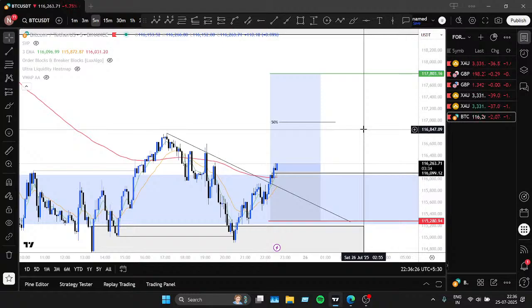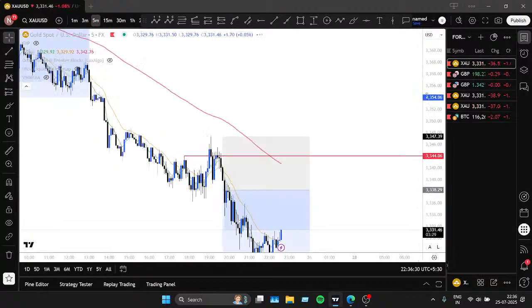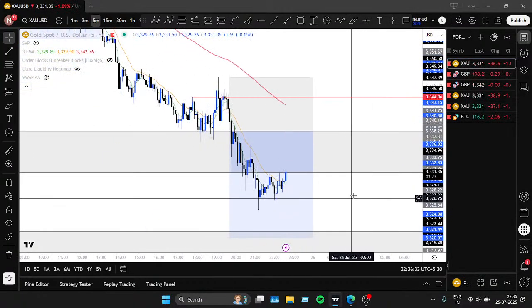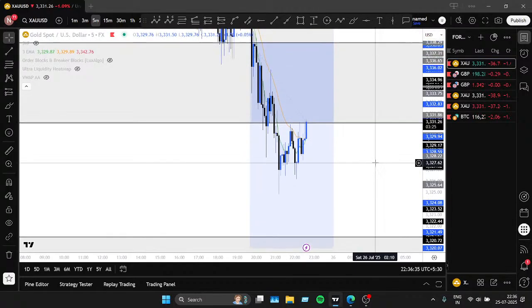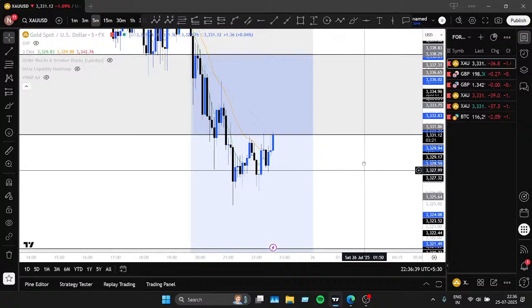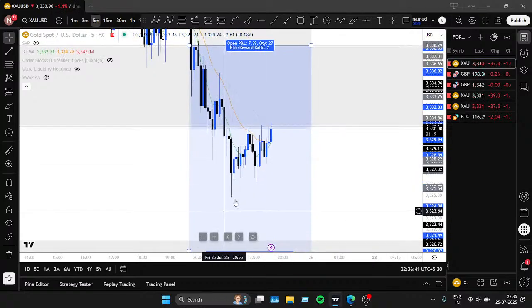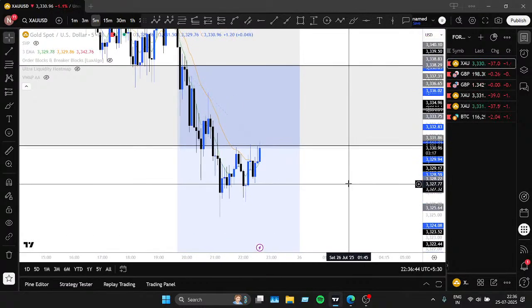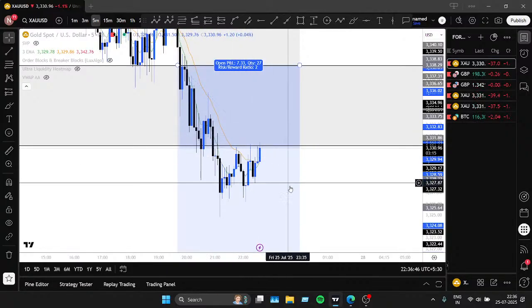Looks like market's chilling. Ho ho, BTC giving us bullish candles, and I can see a trend line liquidity forming right here. Just waiting for it to take those lows.